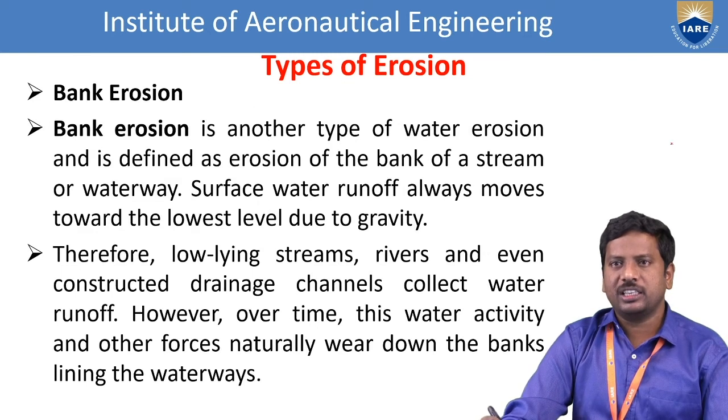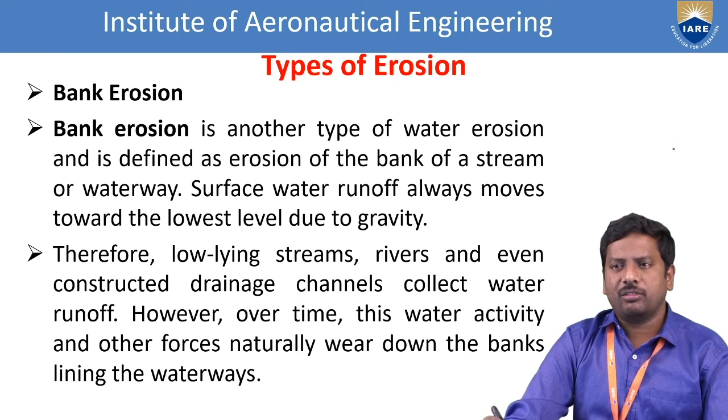After that we see bank erosion. Bank erosion is another type of water erosion, defined as the erosion of the bank of a stream or waterway. That means surface water runoff always moves towards the lowest level due to gravity. Therefore, low-lying streams, rivers, and even constructed drainage channels collect water runoff.